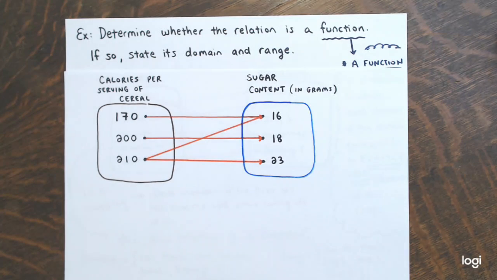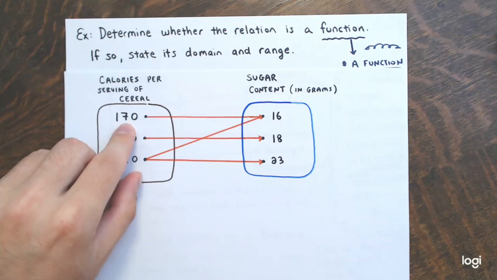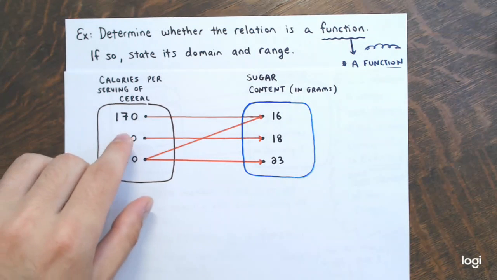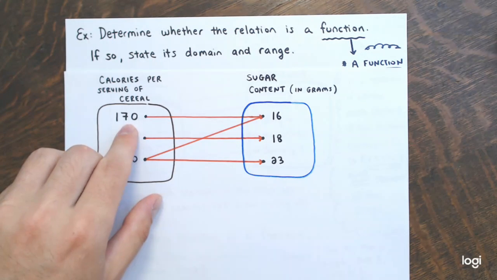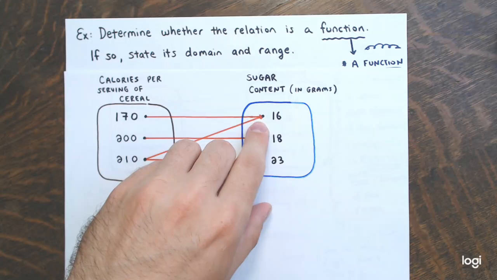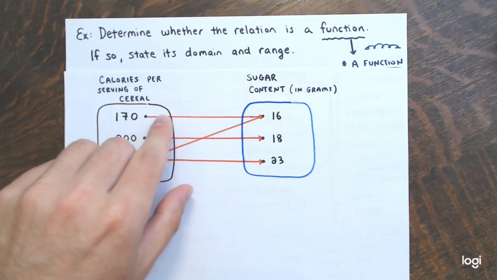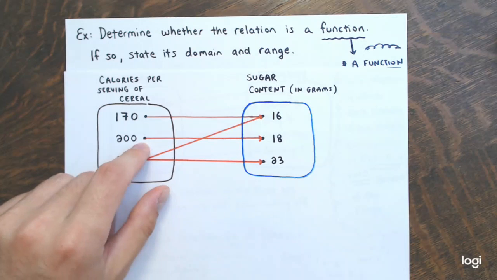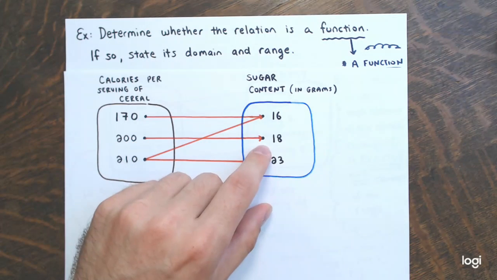So all these arrows are saying is that there's a cereal out there, I don't know what brand, I don't mention any brands here, but there's a cereal out there that has 170 calories per serving that also has 16 grams of sugar in a serving. So there's that relationship. And then there's a cereal out there that has 200 calories per serving that has 18 grams of sugar in that same serving.